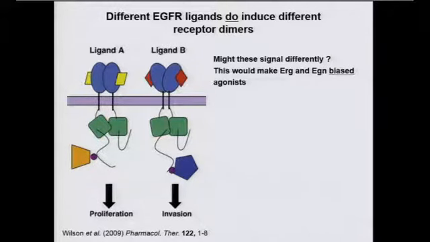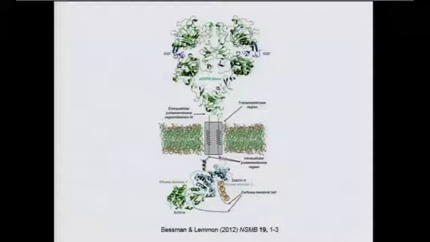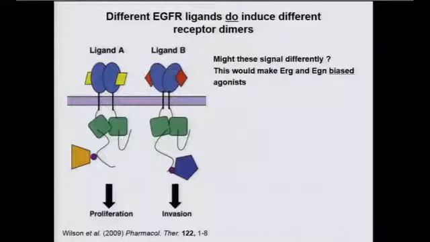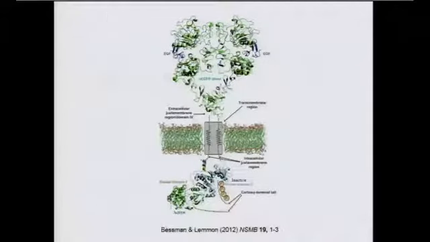But the problem with thinking about that in terms of different outputs, as one sees here for the EGF receptor from a simple molecular structure point of view, is that if we look at the EGF receptor, ectodomain, single transmembrane domain, kinase domain, the general view, and our data support it, but we are actively investigating this, is that these red bits have flexible linkages.